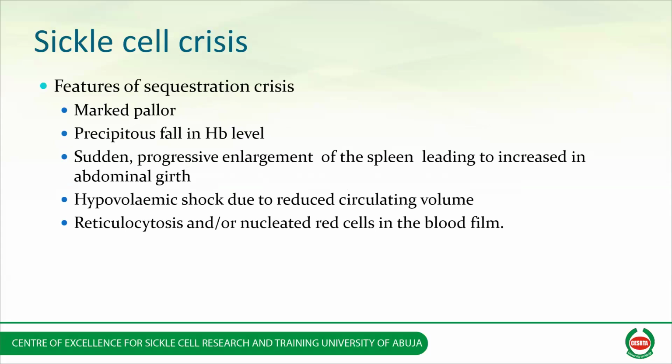Sequestration crisis is characterized by marked pallor, precipitous fall in hemoglobin level, sudden progressive enlargement of the spleen leading to increase in abdominal girth, hypovolemic shock due to reduced circulating volume, and reticulocytosis and or nucleated red cells in the blood film.